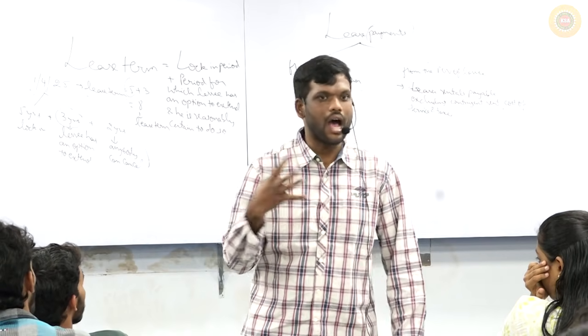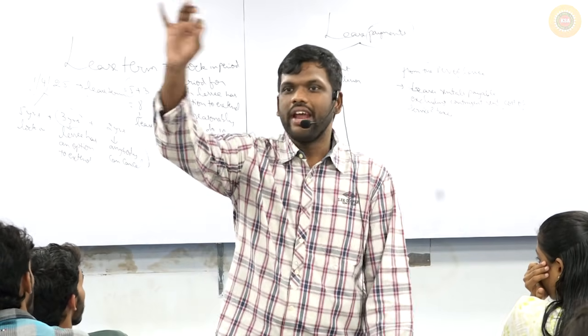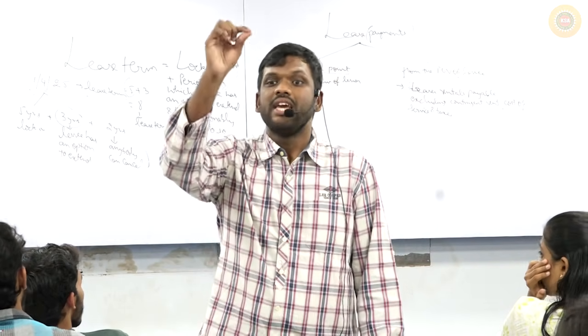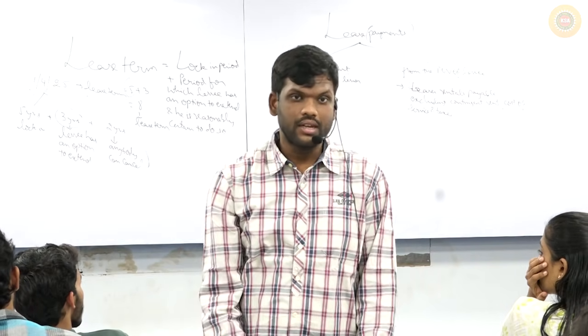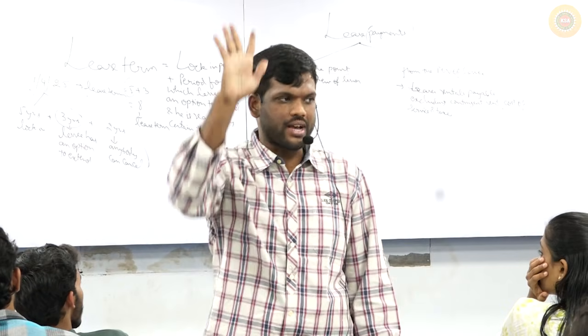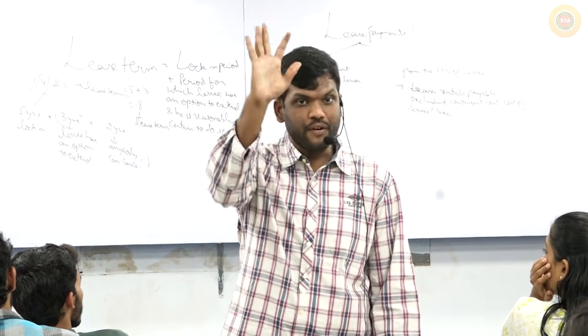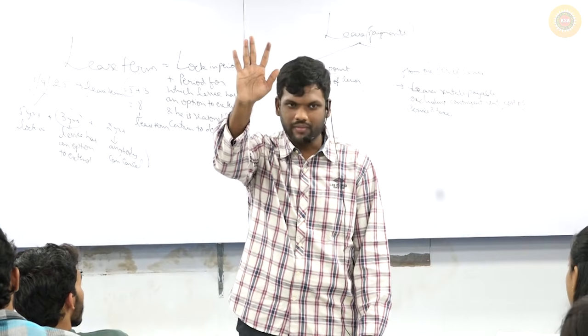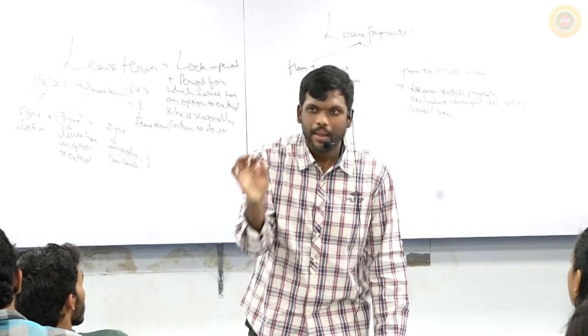Asif is the lessor, I am the lessee. In our agreement, what we have mentioned is every month 5 lakhs you should pay as rent. Every month 5 lakhs rent, fixed rent.